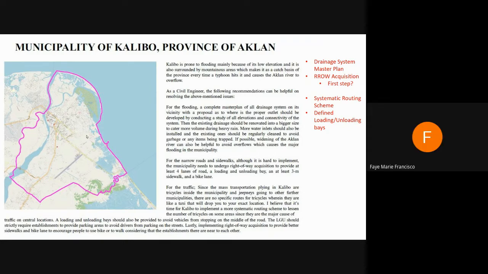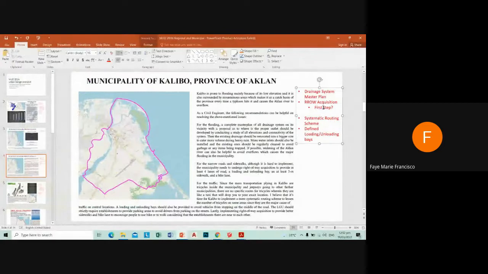Actually, the road right of way I am referring to here in Kalibo is just for the roads, since we only have 2 to 4 lanes. I think it's not enough, and it's better if the sidewalk is at least 2 meters. That's why I recommended a road right of way, since we don't even have loading and unloading bays.